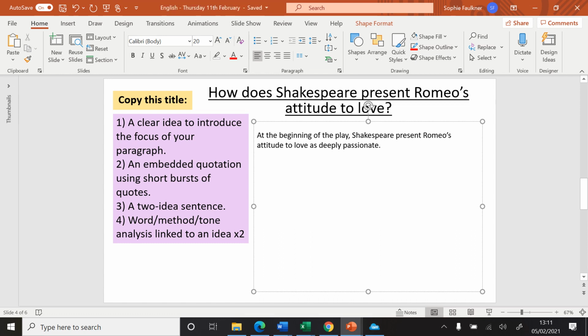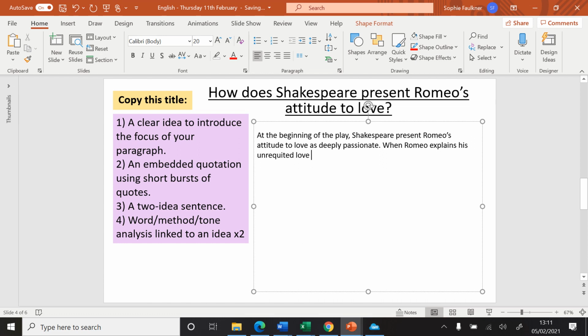As always, I want to start my embedded quotation explaining what's happening. So I'm going to be very, very clear. When Romeo explains his unrequited love, by using unrequited here, I'm hitting the criteria on the mark scheme about subject terminology.